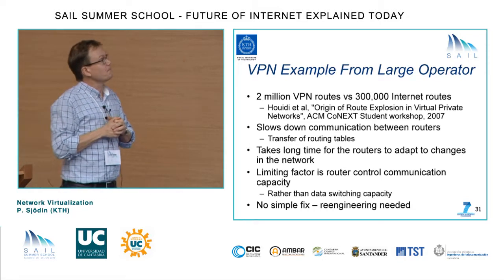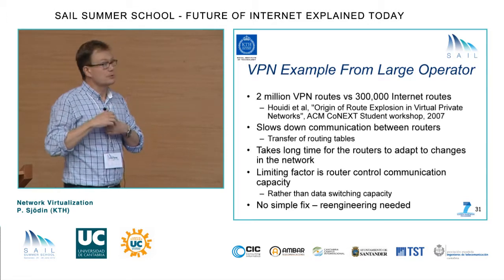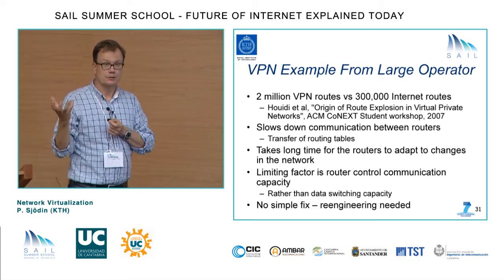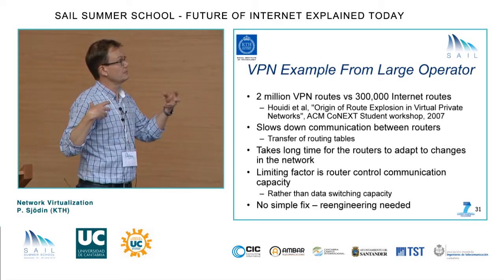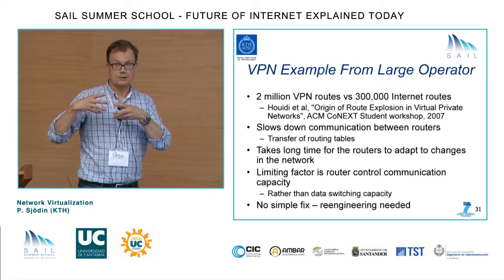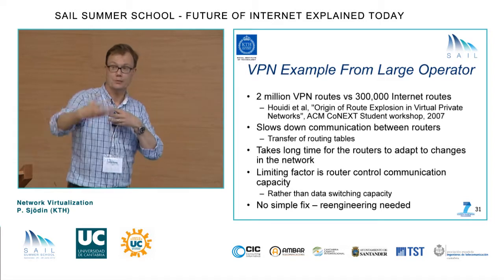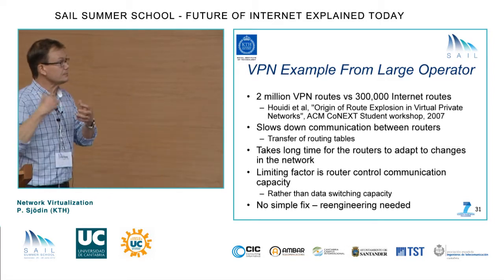And this is something that slows down communication between the routers. Just transferring these large tables back and forth inside the provider's network. And when a change happens, the information about the change has to be propagated to all the involved routers, and so on.